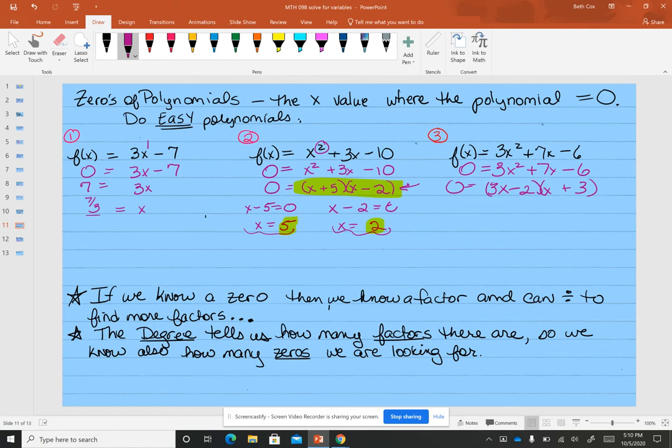There we go, got that factored out. And if I want to know the zeros, I can take each factor, set it equal to 0 and solve. And I get 2/3 for this one, and I get -3 for this one. So again, the factors, the zeros, and the degree.